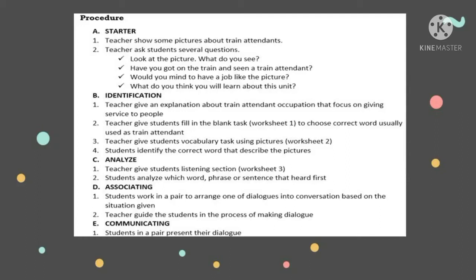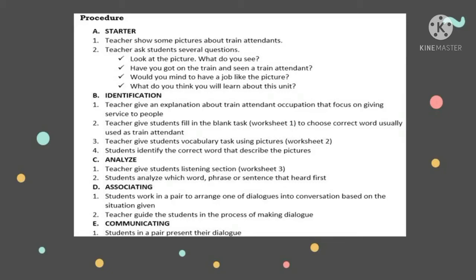And then in identification, the teacher gives an explanation about the train attendant occupation that focuses on giving service to people. I want the students to think that a train attendant focuses on giving people a service. That means they have to focus on helping people, give the best service to them. And also, the teacher gives students fill in each blank.